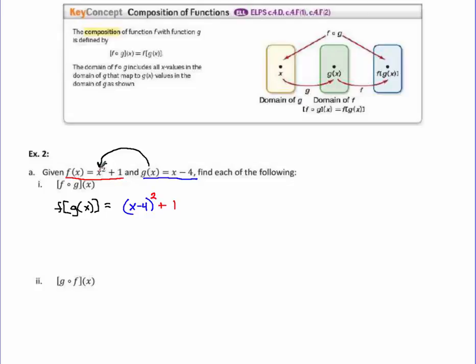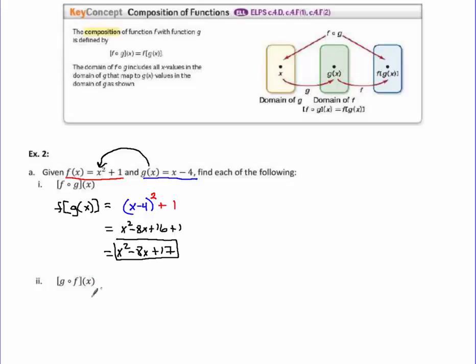So we're doing whatever g of x is when we plug it in for x, so g of x squared plus 1. Okay, x minus 4 squared is x squared minus 8x plus 16 plus 1 gives us x squared minus 8x plus 17. And so that's it. That's our f of g of x.